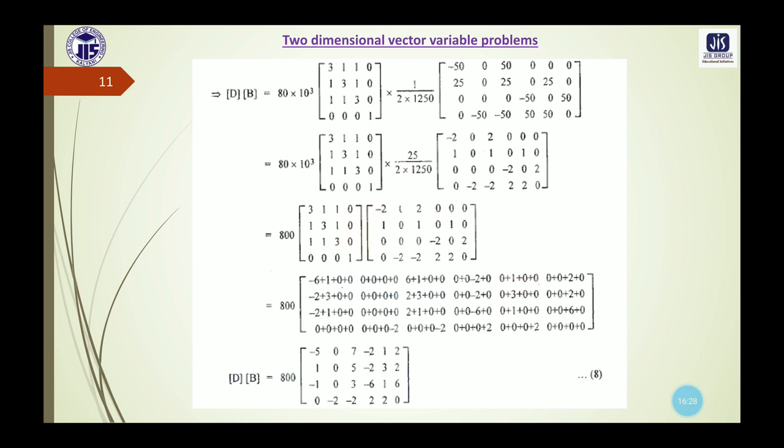Now we need to perform the matrix multiplication, that is the stress strain relationship matrix D multiplied by the B matrix, that is the strain displacement matrix. So here a matrix multiplication we need to perform. As we have calculated the values of these D and B matrices, we need to put these values here, and finally perform one matrix multiplication.